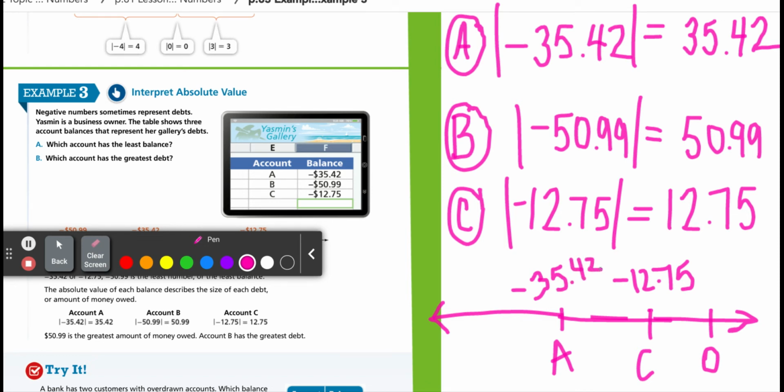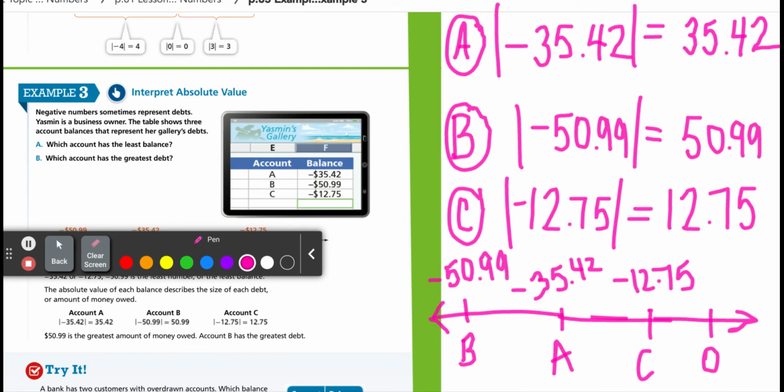Notice we're traveling to the left of 0. The further left you go, the numbers seem like they're going up, but it's really, the amounts are getting smaller because it's more negative. And then we'll have account B, which is at -$50.99.